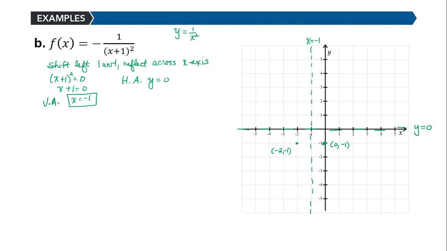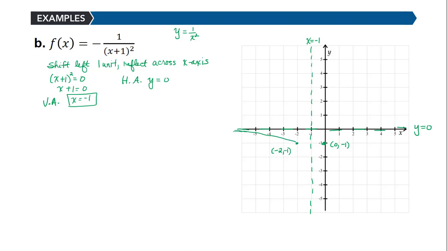Now both of these branches went in the same direction. Originally they were both going up as we get closer and closer to the -1, but now reflecting across the x-axis will make them go down on either side of -1. And we're approaching the horizontal asymptote y equals 0 at our ends. So it's going to go close to this line y equals 0, but it's going to be below it.